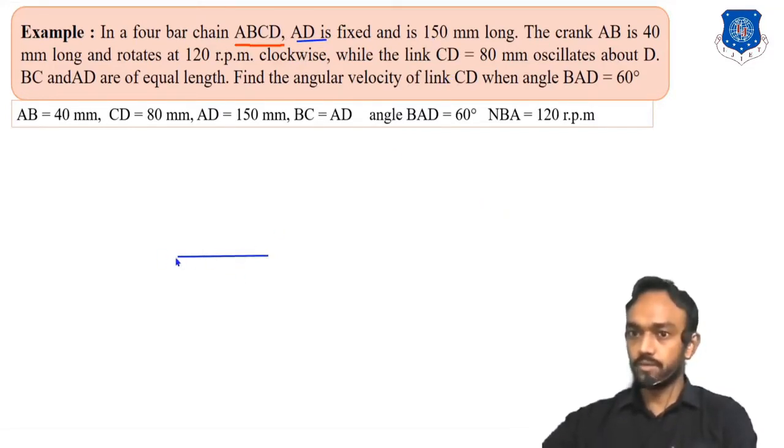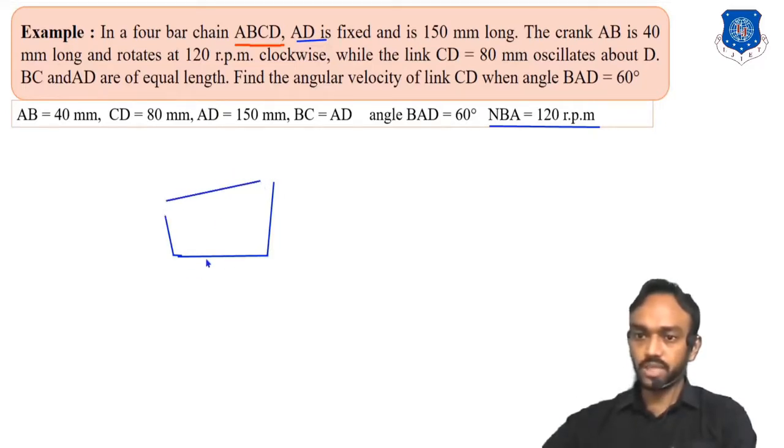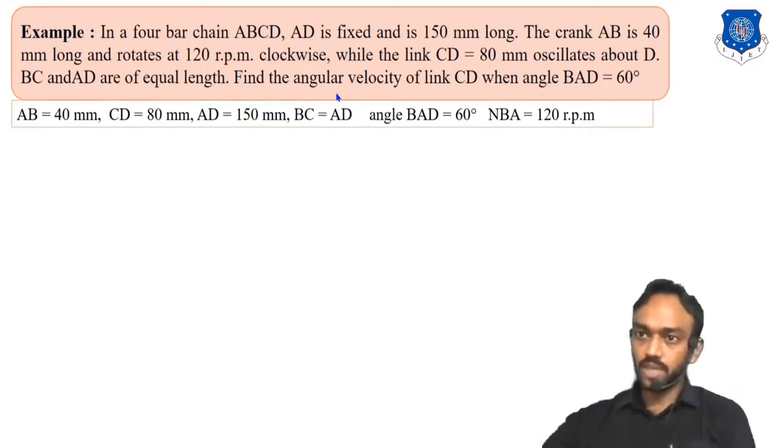The crank AB is 40, and rotates at 120 rpm, and there is a link CD given here, which oscillates about the D point, and BC and AD are equal length. So this fourth link and this first link are the same length. Find the angular velocity of CD, means we have to find the velocity of link CD. Angle of BAD is given.